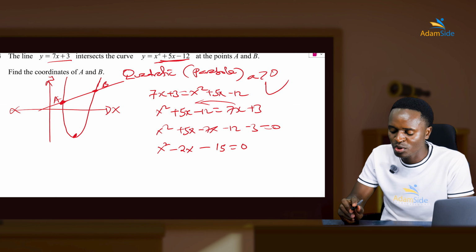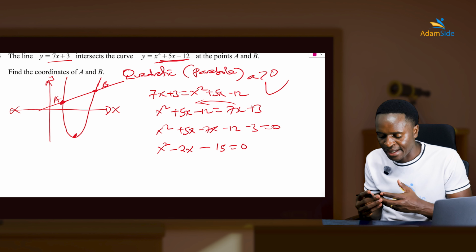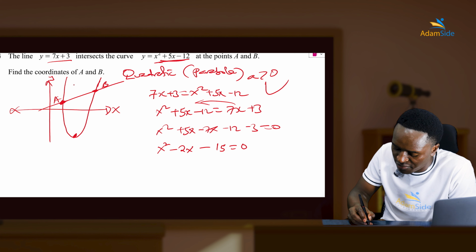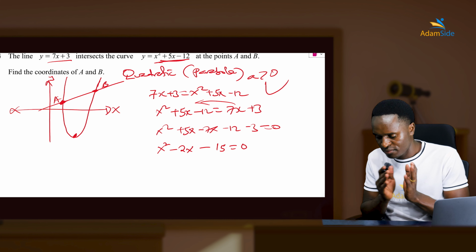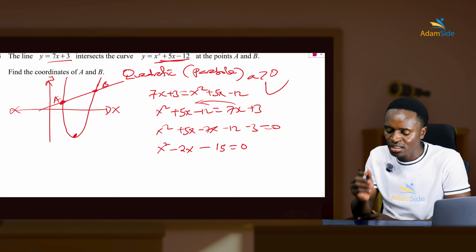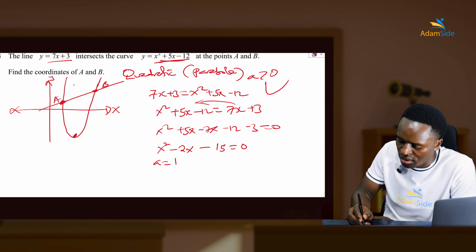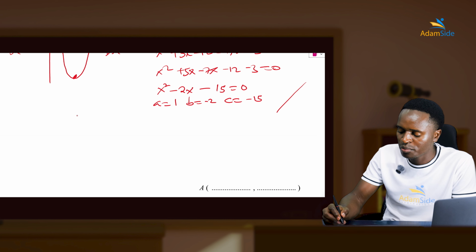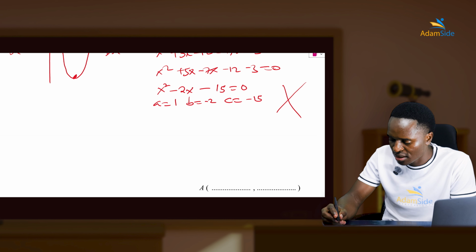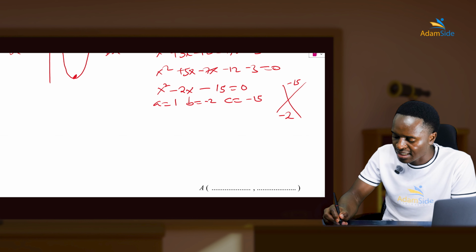Then factorize, because we need to find the values of x. Here a is 1, b is negative 2, and c is negative 15. So we need to find two numbers that if you multiply, you get negative 15, and if you add, you get negative 2.